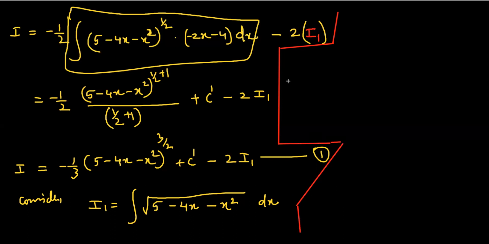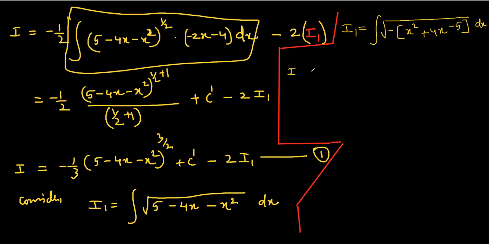So let me begin with it. I have here I1 equals the integral of root of, I take a negative sign out, so I get x squared positive plus 4x minus 5 and dx. What is the next step?